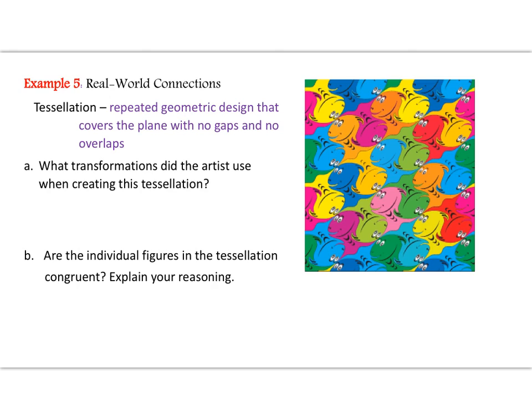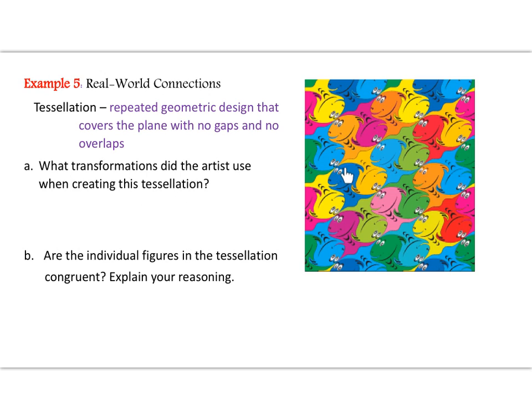All right, and our final example is this real-world connection of an artist who uses what is called a tessellation to create the following art piece. A tessellation is a repeated geometric design that covers the plane with no gaps and no overlaps. So what transformations did the artist use when creating this tessellation?